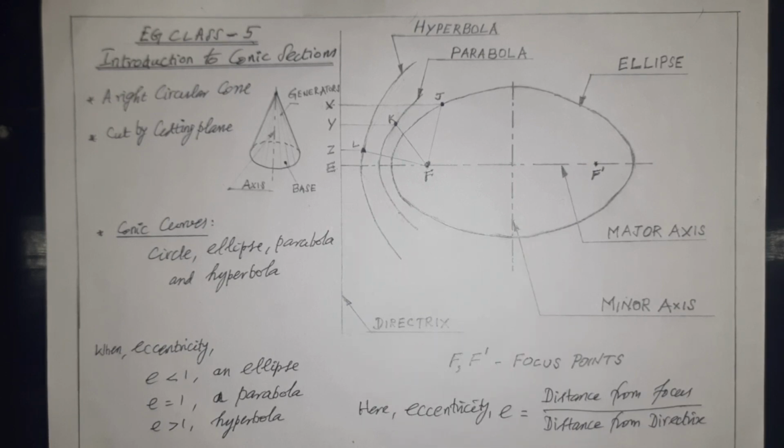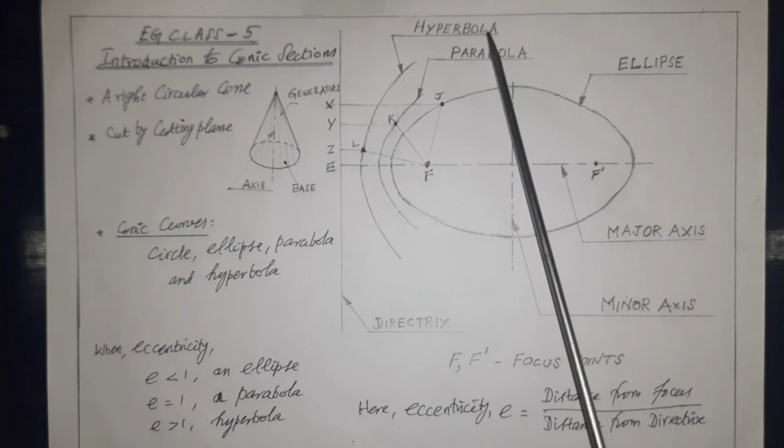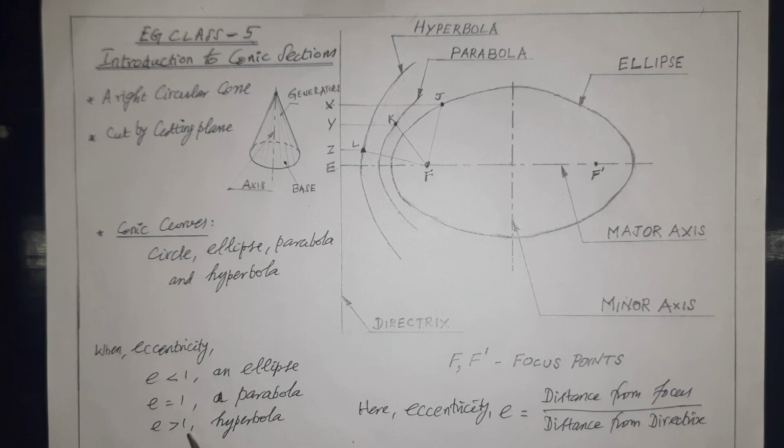Here, this one is called the hyperbola. First, you see the hyperbola, and for this hyperbola we have already seen E is greater than 1, and also vice versa. You remember, either it is a hyperbola when E is greater than 1, or when E is greater than 1 it should be a hyperbola.